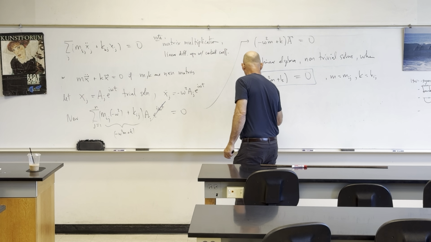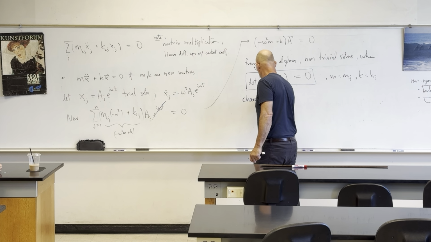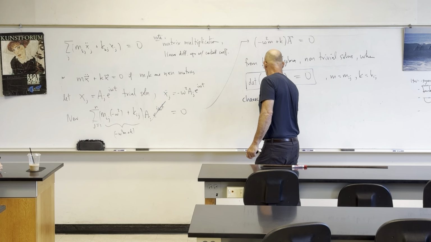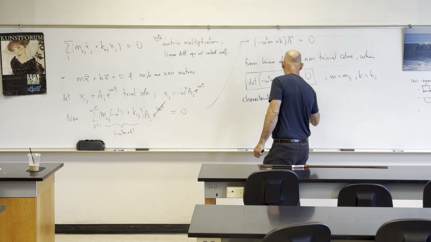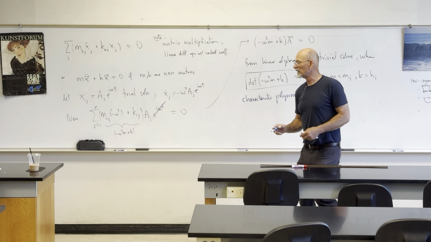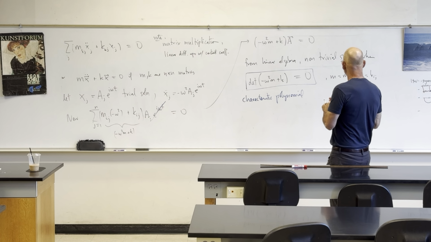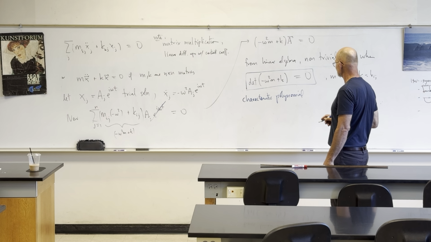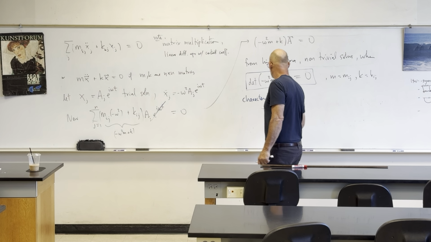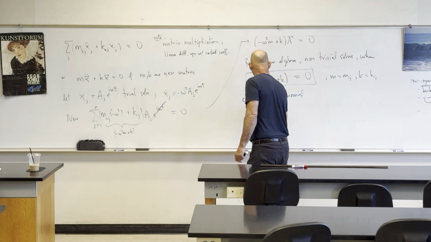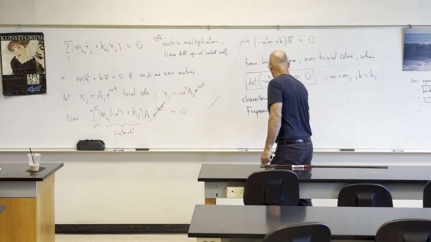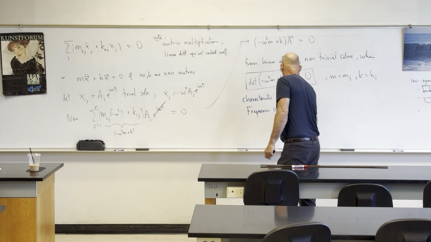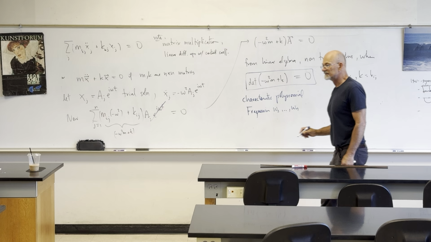So we construct the characteristic polynomial, and then we get the frequencies omega sub 1 to omega sub n.